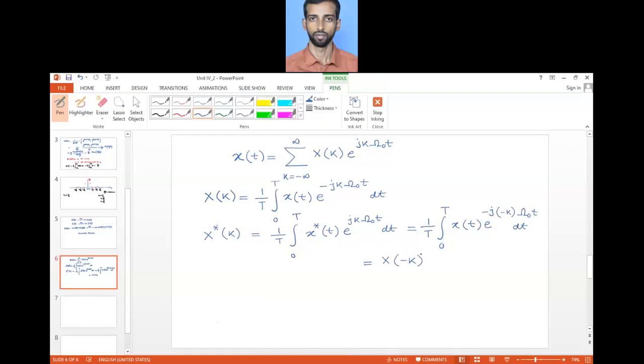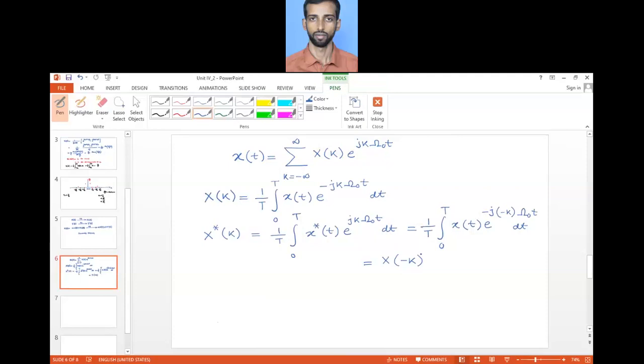So for a real signal, if you can calculate the x of k, then finding out the value for x of minus k is pretty easy. You should not calculate x of minus k separately. Once you know x of k, take the complex conjugate of that. That will give us the value for x of minus k.